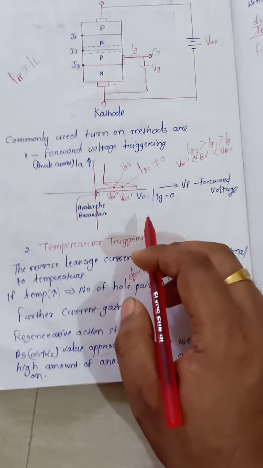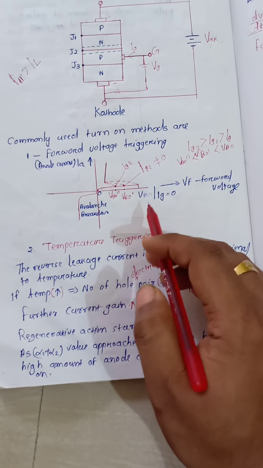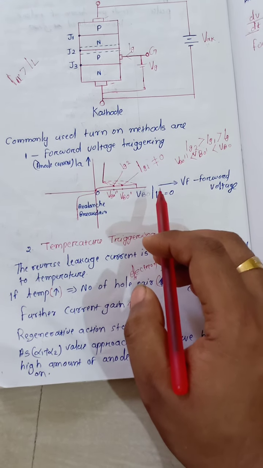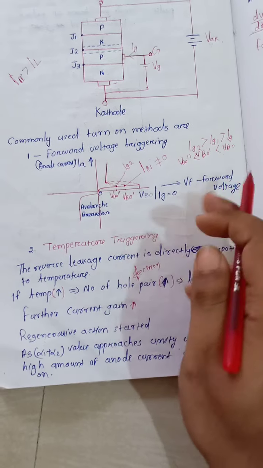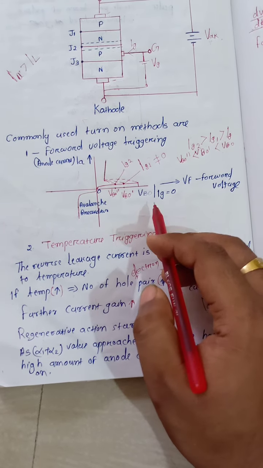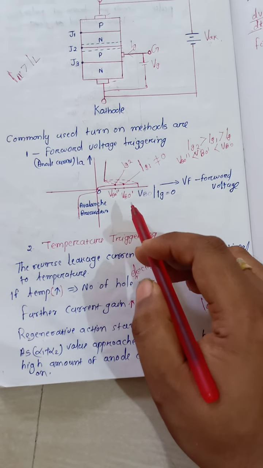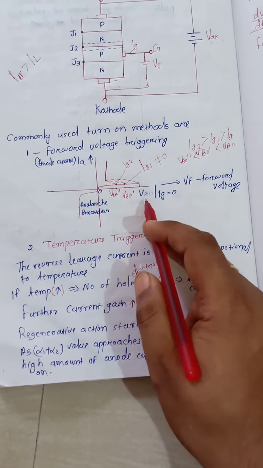So when this value is in the range of thousands of volts, how will we get this value? Because the supply voltage is 230 volts. So to get this value, I have to connect a transformer so that this will step up the 230 volts to the range of VBO or forward breakover voltage range.